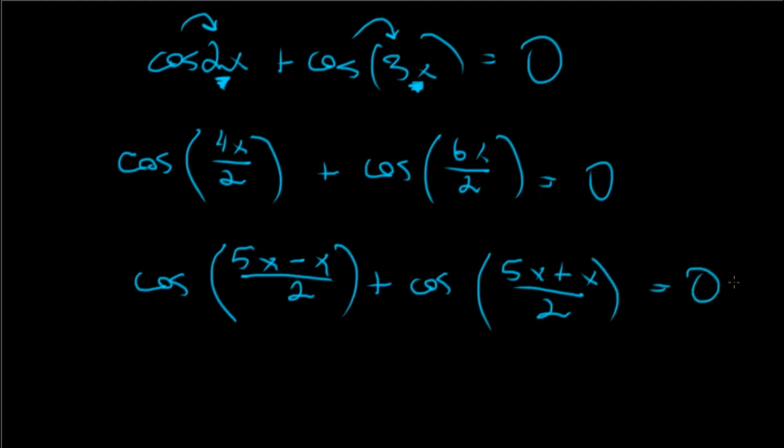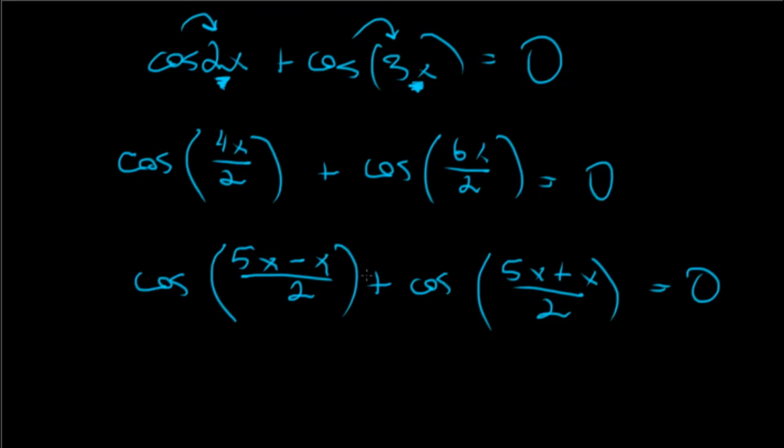Think about why that is going to be incredibly useful in a second. If you rewind to last week's problem set, we solved this thing. It took a while. There was some nasty factoring in it. But by rewriting 2x and 3x as half angle formulas, and then rewriting them again as the difference of 5x and x and the sum of 5x and x, formulas are going to be our friend.